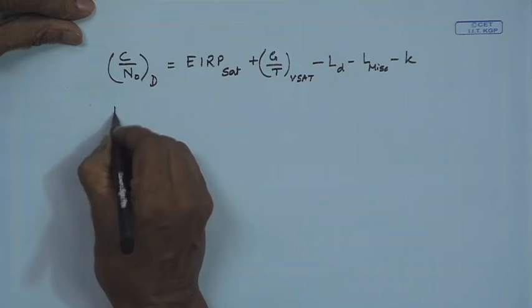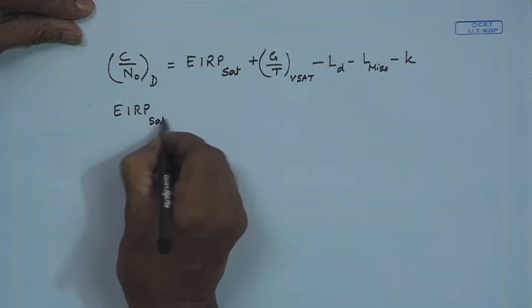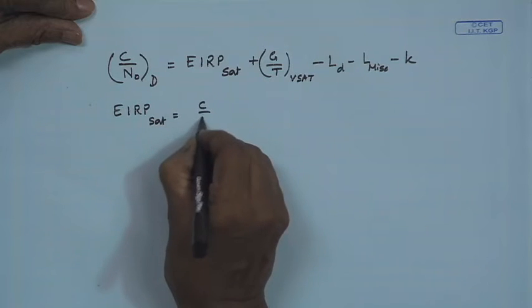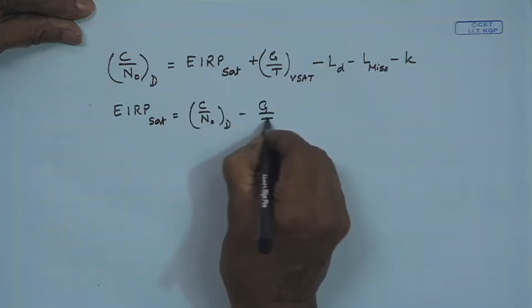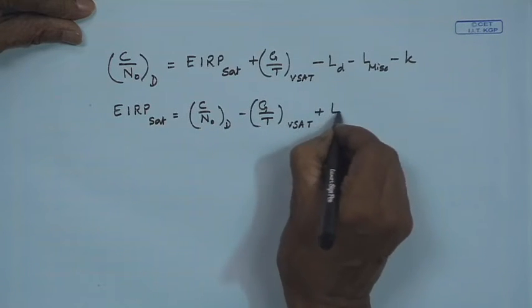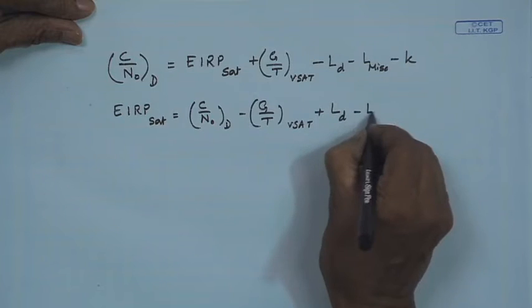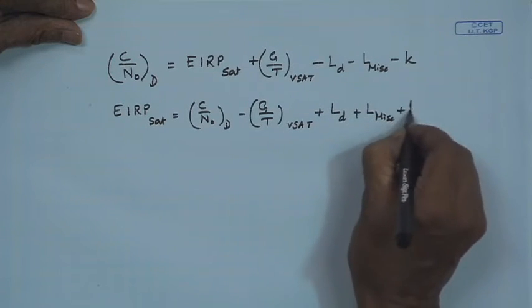So therefore EIRP of the satellite is C by N naught down minus G by T of VSAT plus path loss in the downlink plus miscellaneous loss plus K.